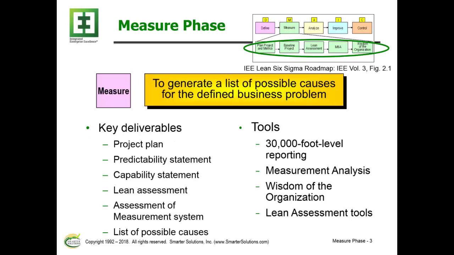So now, within the IEE system, I have some additional drill downs in the measure phase. The reason for this is in 1999, when I was putting together the book Implementing Six Sigma, I tried to put the tools within the roadmap phase where GE actually did.